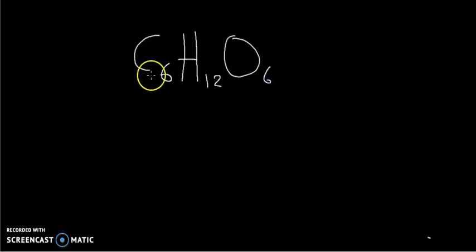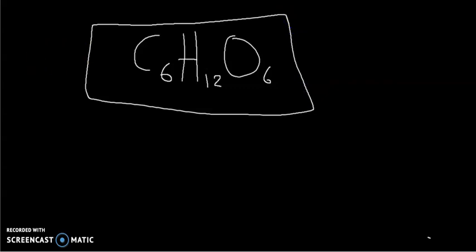Before we actually start the balancing part, we need to know how to count atoms in a molecule. So I'll take just a little example here, which is the example of glucose, C6H12O6. Now this is your molecule. These are called subscripts, and they show you the number of atoms in this molecule.